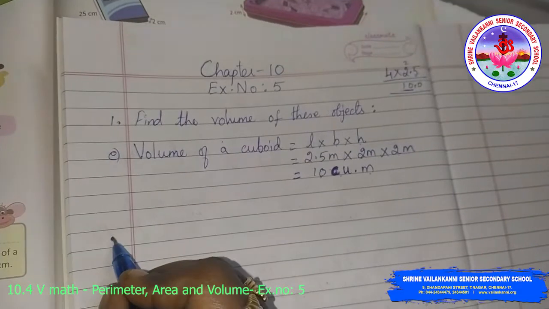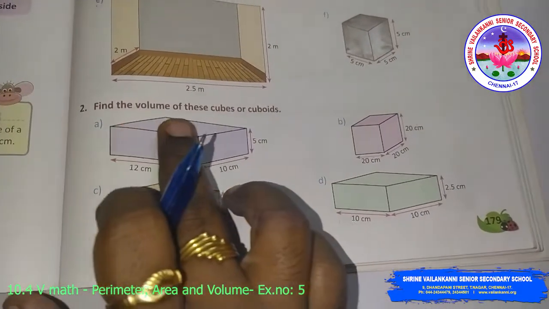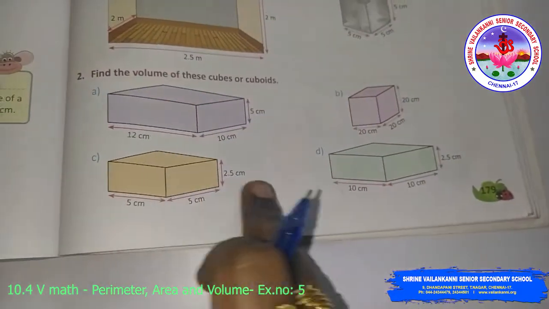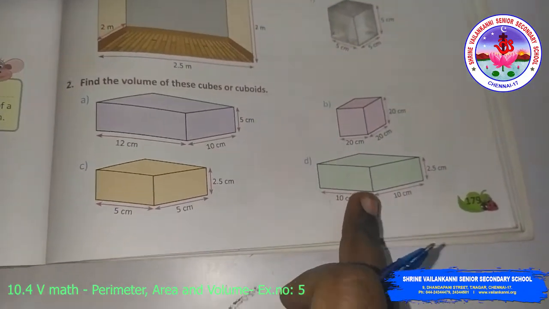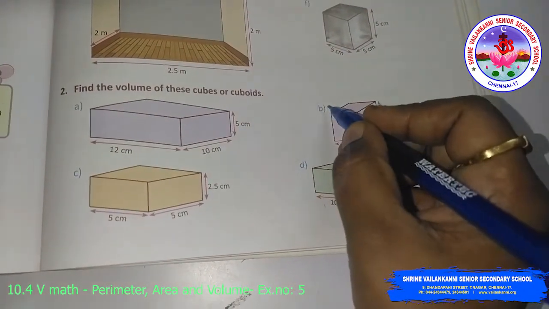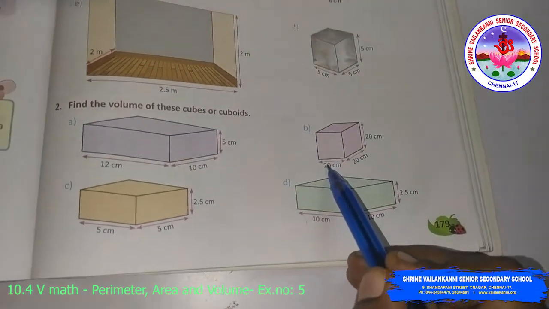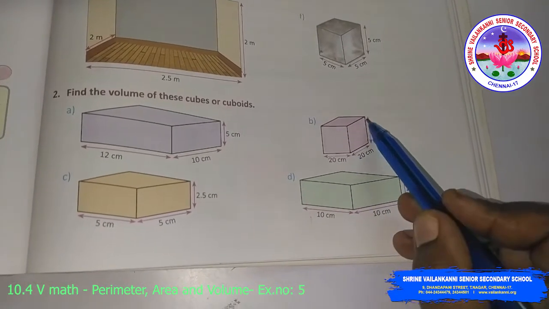So next, the second question: find the volume of these cubes or cuboids. We have different shapes, cubes as well as cuboids. So we'll do B here. With the cube, if you see, this is your length, breadth and height.